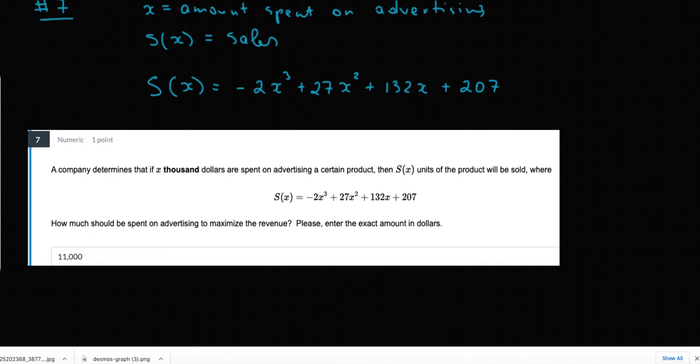And so what we need to do in this problem is determine the absolute maximum of this function s of x. More specifically, we are interested in the x value that, when plugged into this function, will produce the largest possible value of this function.